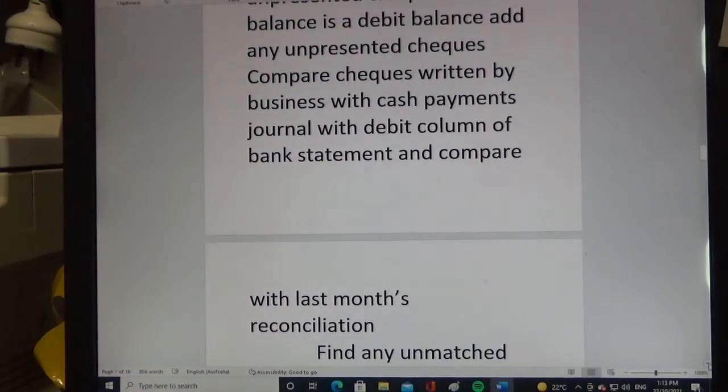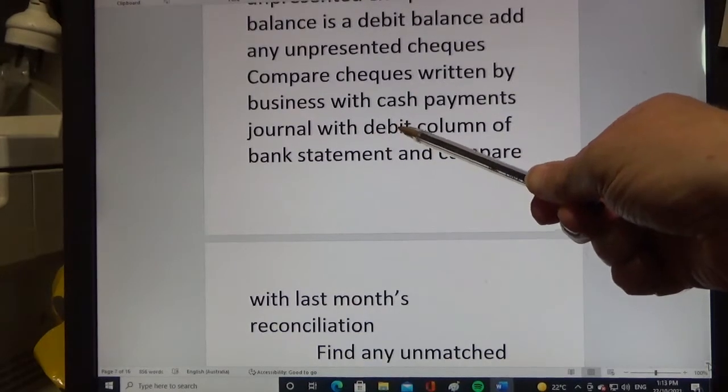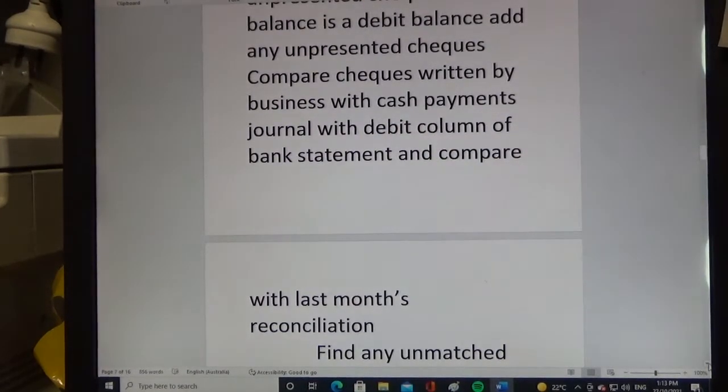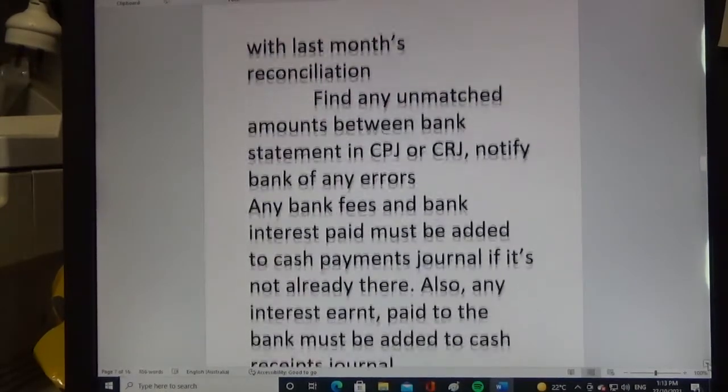And you see if all the items are in the cash payments journal or the cash receipts journal. So all items have to be identified that might be anomalies, such as unpresented checks and outstanding deposits, and bank fees and charges, government charges on bank accounts, but that's not put in the bank rec, as I mentioned.